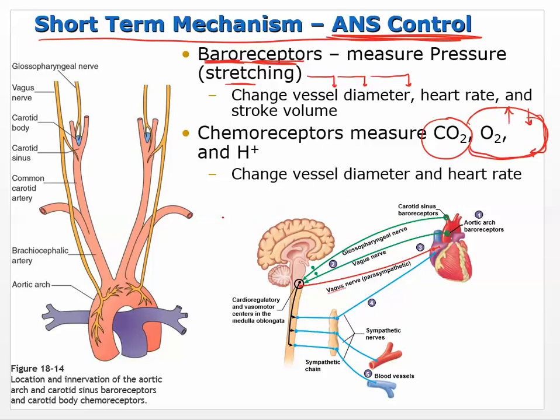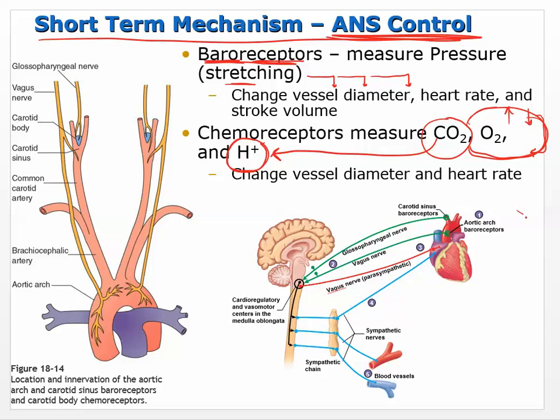And hydrogen, same thing. That's an indicator that your carbon dioxide has changed, which is going to have an effect on hydrogen levels, and so that too is going to change whether you want to move blood through more quickly or less quickly.